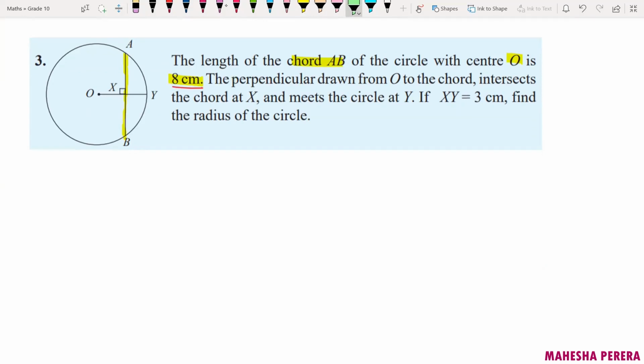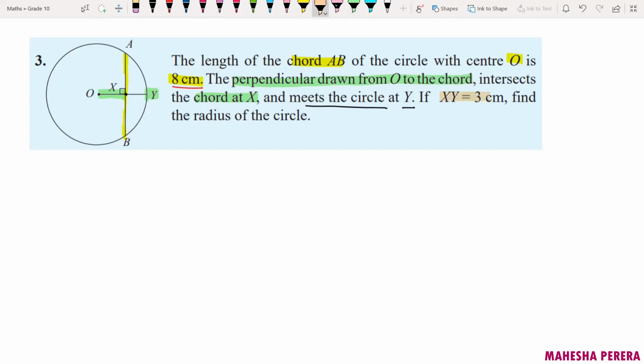The perpendicular drawn from O to the chord intersects the chord at X. The perpendicular is this, and X is actually here. X is this point and it meets the circle at Y. This is Y.